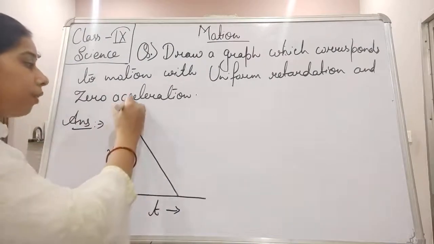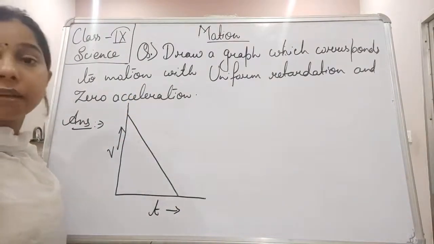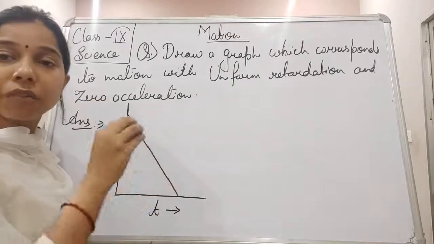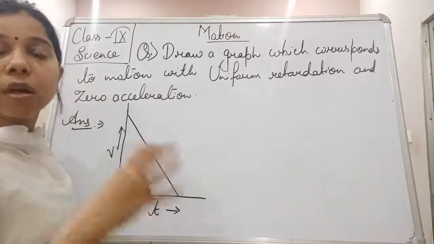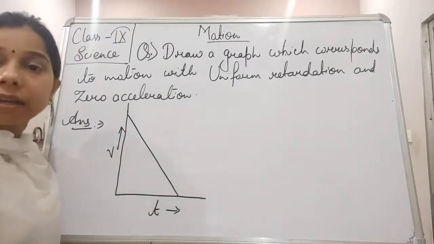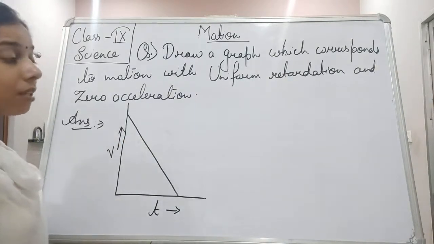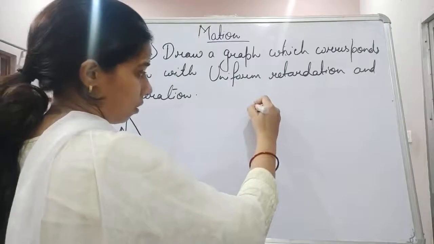Whenever, students, you find this kind of graph, it tells us that the object's velocity keeps on decreasing with respect to time uniformly, and such an acceleration is called negative acceleration or retardation. The second one is zero acceleration.